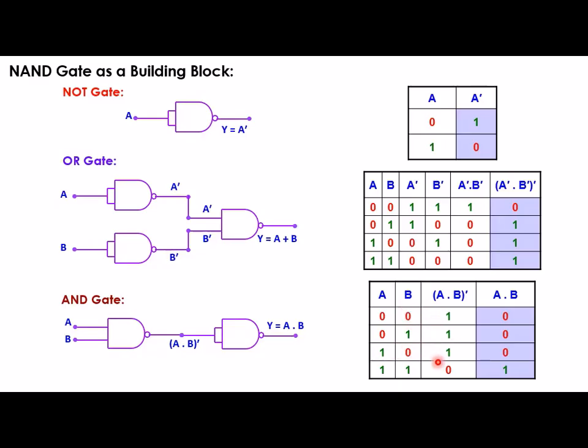So this is the output of this NAND gate, where the complement of A into B is coming as output 1 1 1 0. Now if you take another complement of this output, you will get 0 0 0 1, which is nothing but the output of a logical AND gate. Therefore, by using two NAND gates, you are able to realize an AND gate.